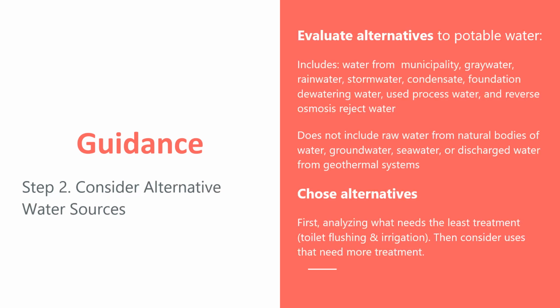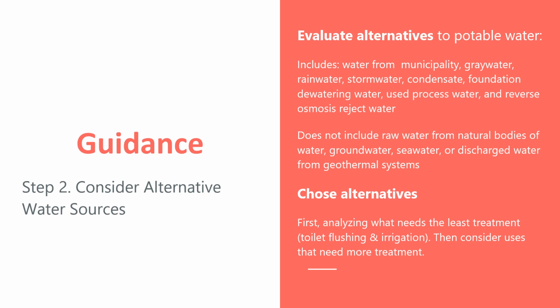For Step 2, consider alternative water sources. First, evaluate alternatives to potable water. These include but are not limited to gray water, rainwater, stormwater, condensate on cooling systems, and dewatering water from foundations.